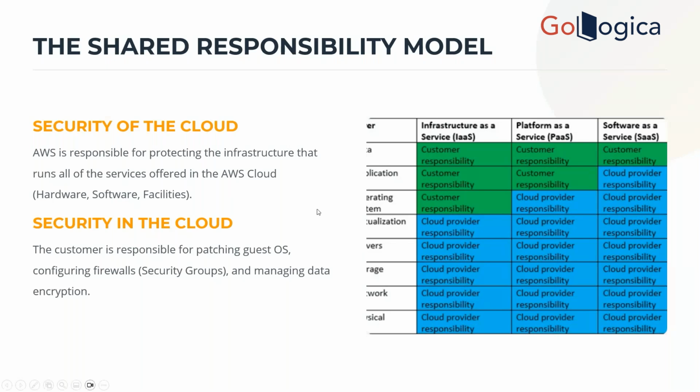AWS is responsible for protecting the infrastructure that runs all their services, like hardware, software, and the facilities, all the data centers that they are managing. Security of those data centers is the responsibility of AWS.